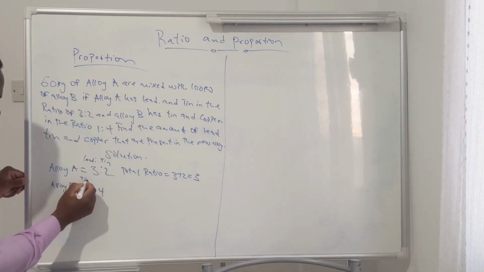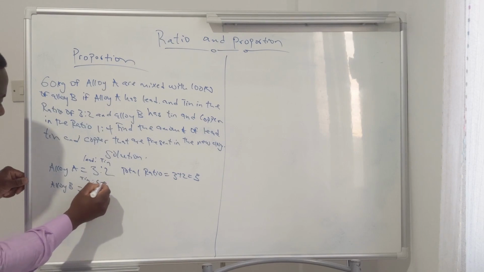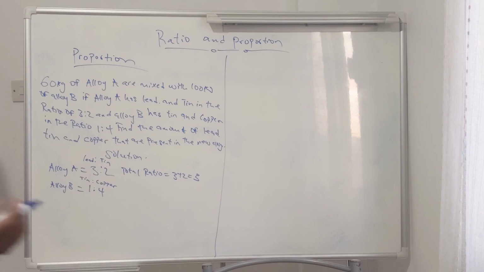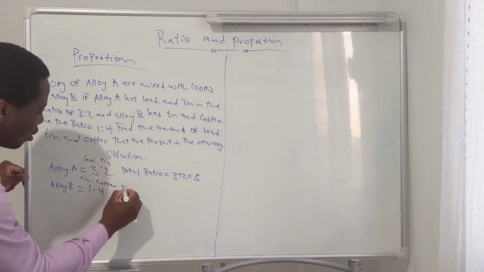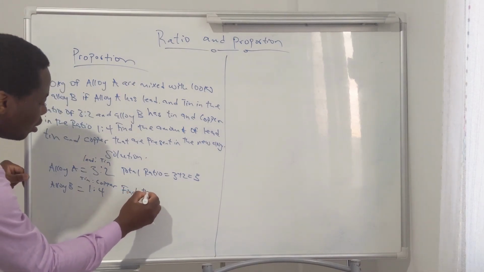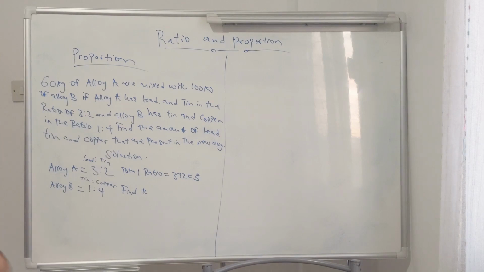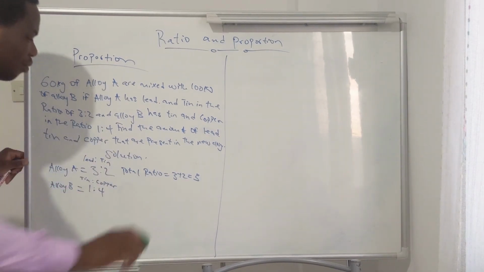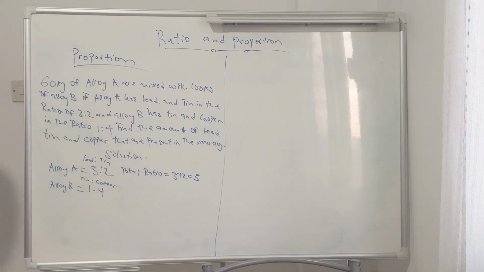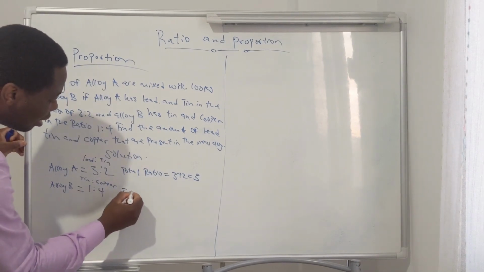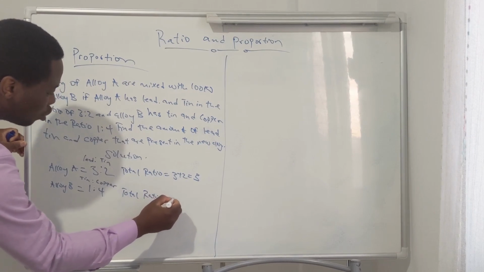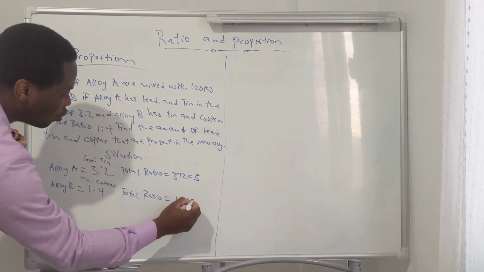This is tin and copper in the ratio of 1:4. The question says find the total amount of lead, tin, and copper. So the total ratio for alloy B is equal to 1 plus 4, which is equal to 5.